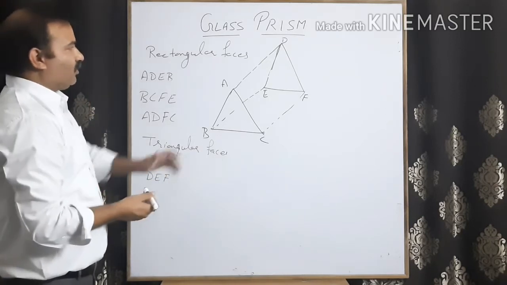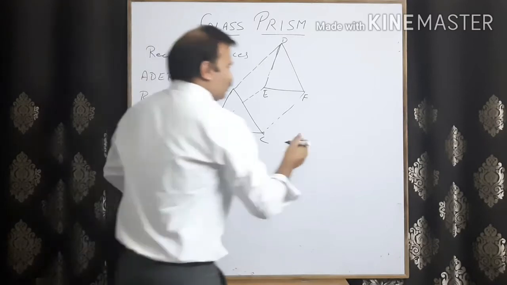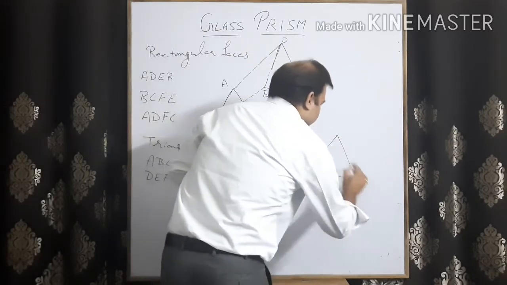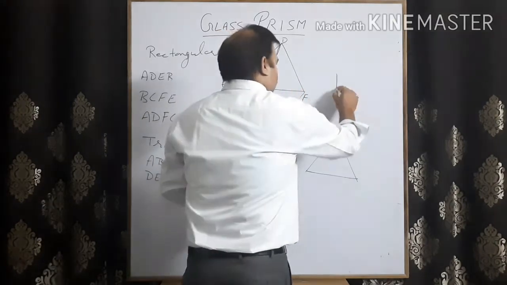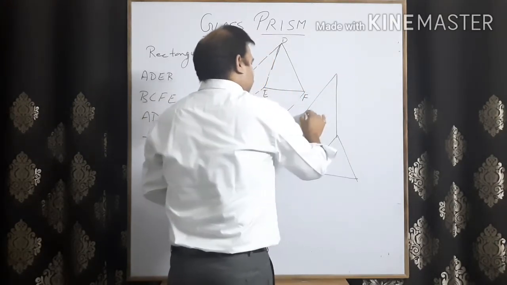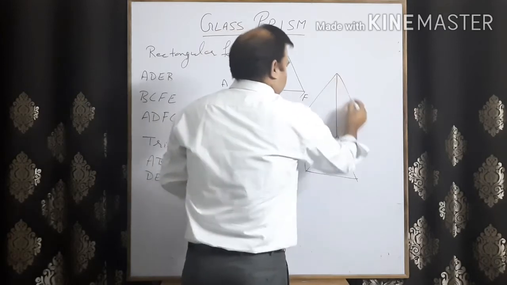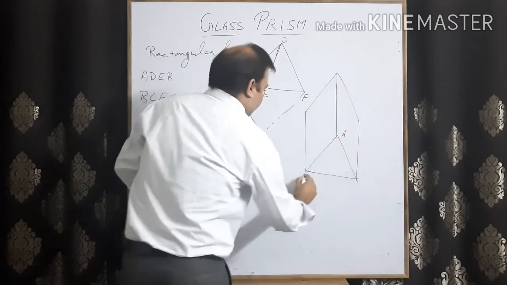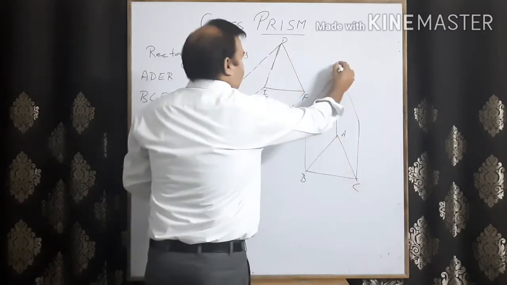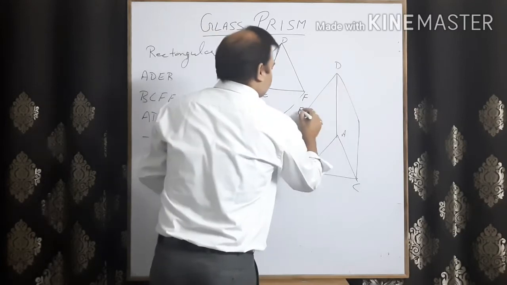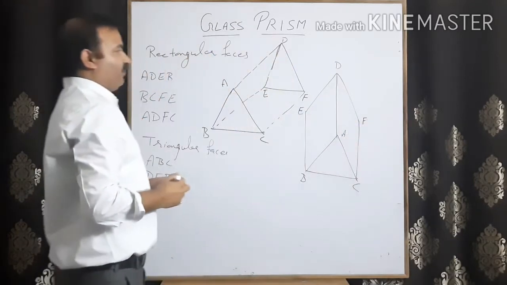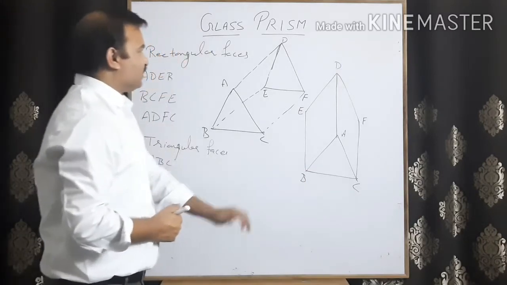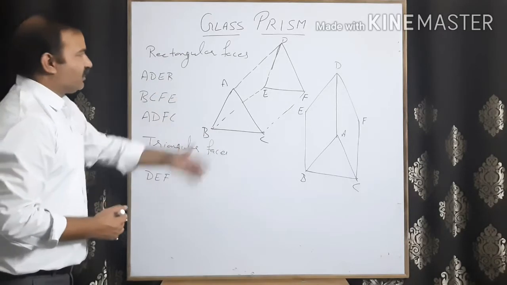If I draw a front view of this, it will be like this. This will be A, B, C, and this is D, E, and F. That is basically the front view of a prism, and this is the side view of a prism, which shows the face.